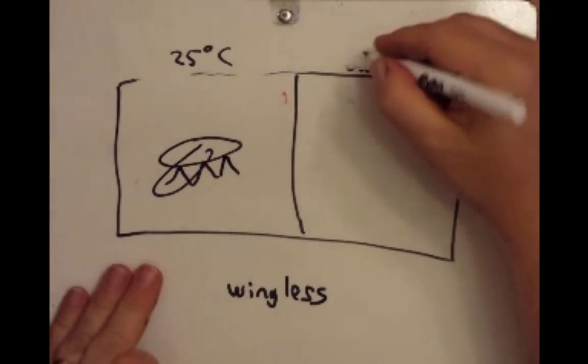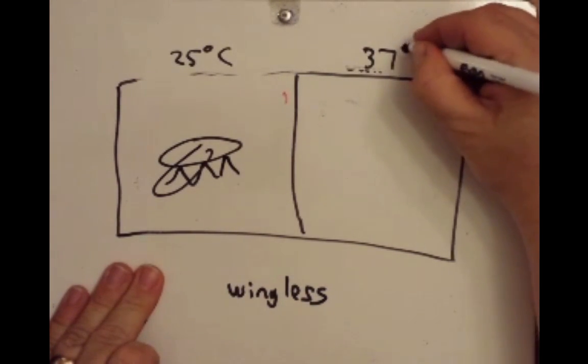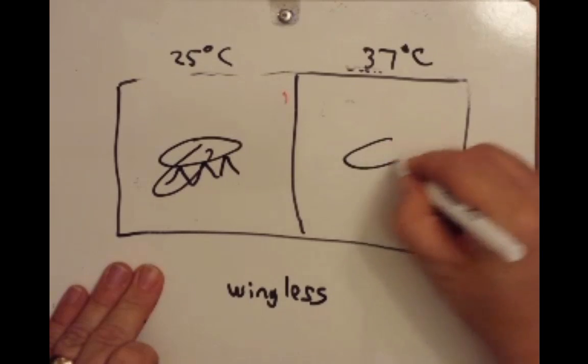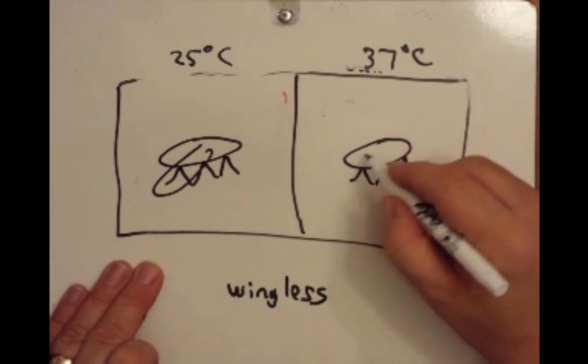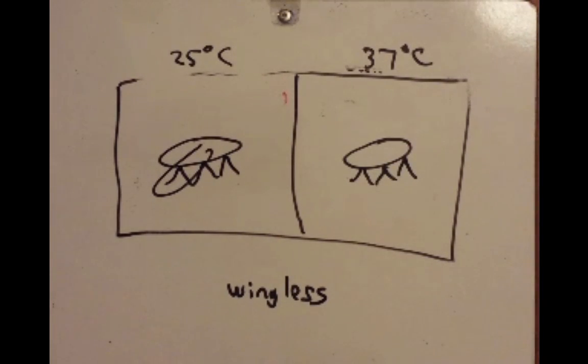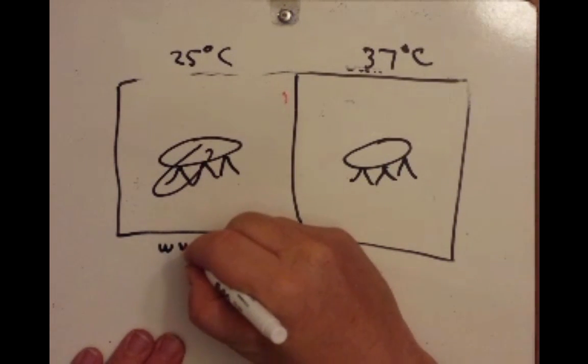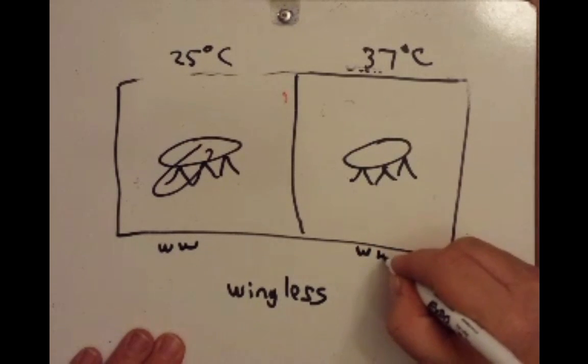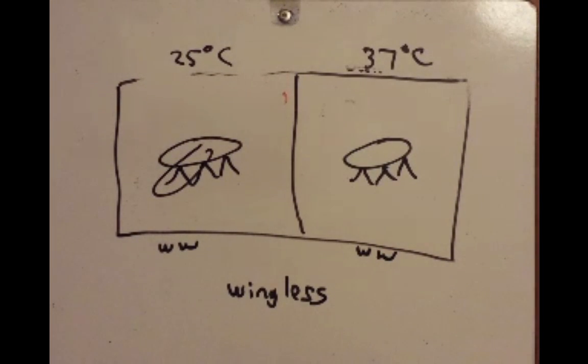However, at a higher temperature of around 37 degrees Celsius, they have no wings. Again, the same genotype. In fact, we could give them a genotype if it's easier to understand. WW. Same genotype. Genotypic variation is the same, but the phenotypic variation is different depending on what temperature the flies are at.